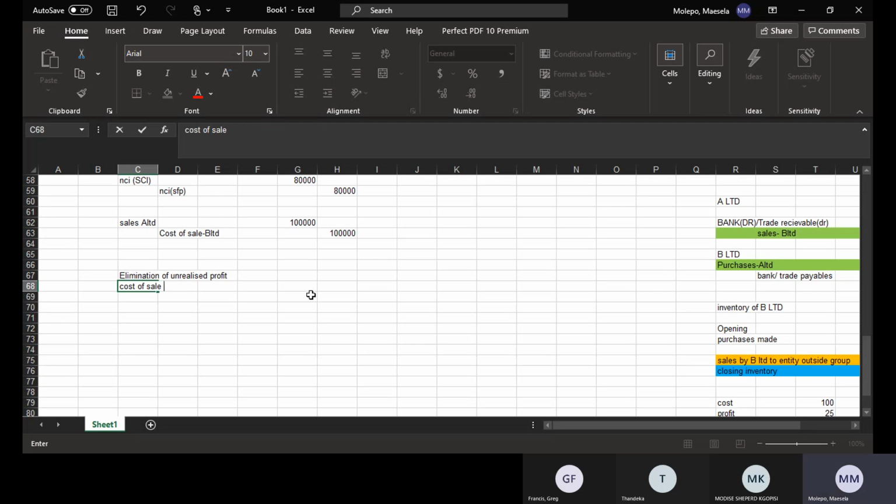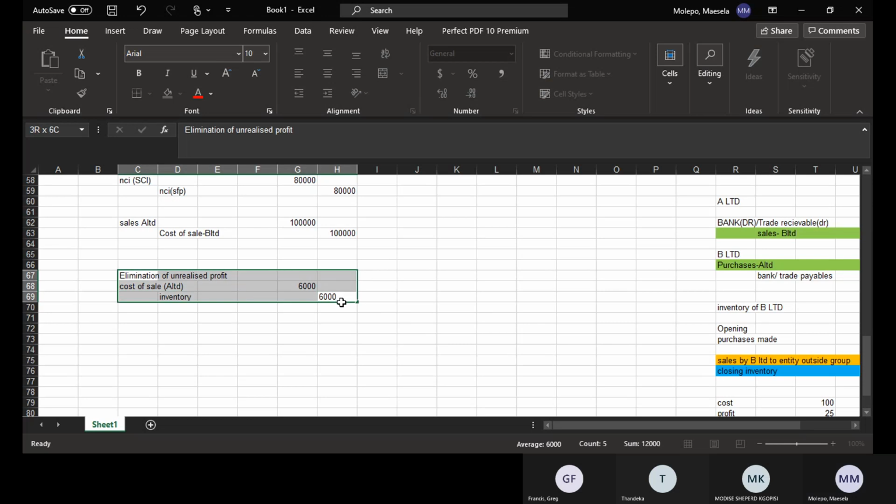So cost of sale, with the brackets A Limited, is 6,000. Then the contra account to the cost of sale is the inventory, because it's the inventory sitting in our books. Normally inventory is on the debit side, but because we are deducting it, we put it on the credit side. Inventory is 6,000. So this is the elimination of the unrealized profit.